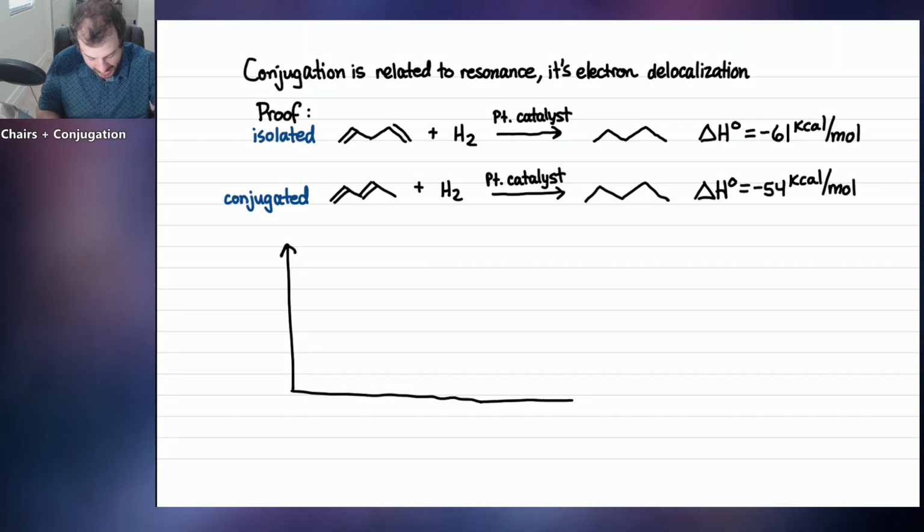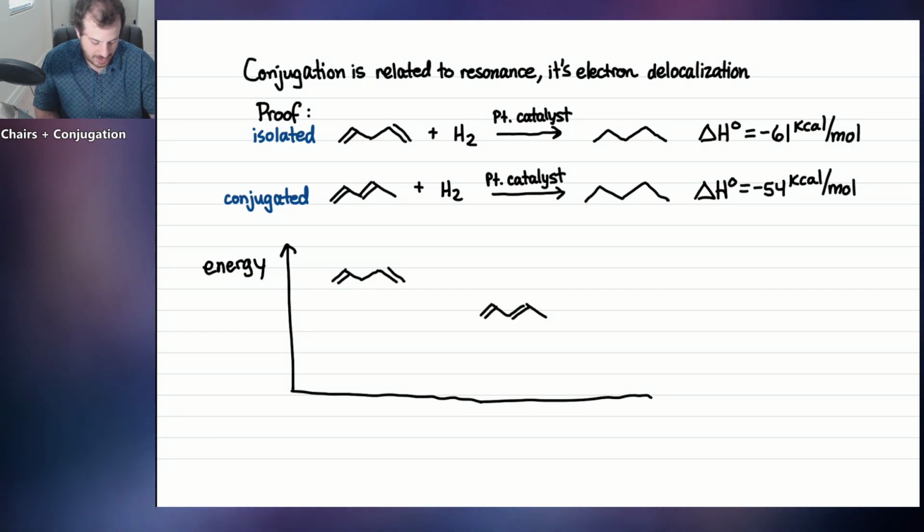So if I draw a little axis, and we say the y-axis is energy, and on the x-axis, we'll just have the place for all the different substances to be. So we have this first molecule here, and we'll have our second molecule at a little bit lower energy, and then at the very bottom we'll just have our product here.